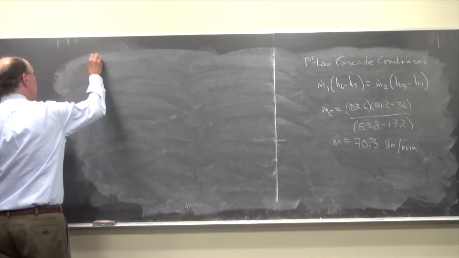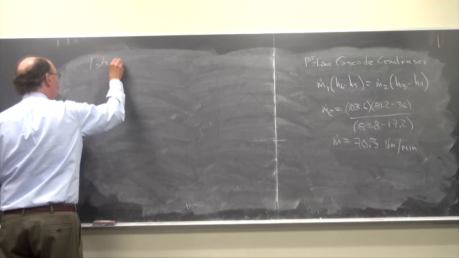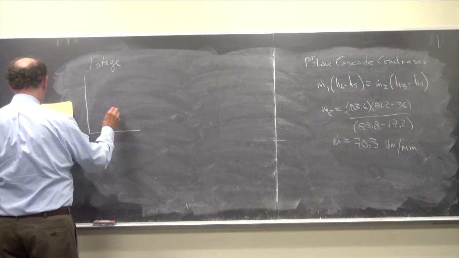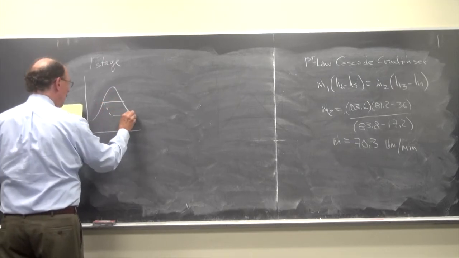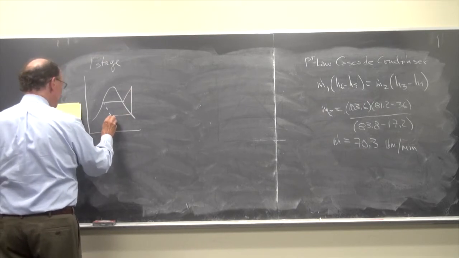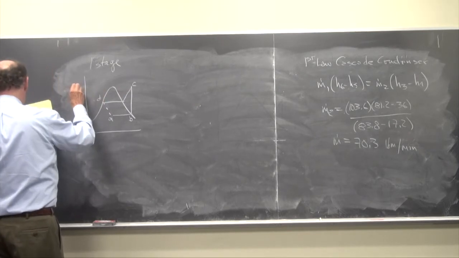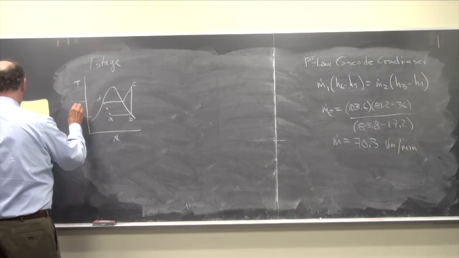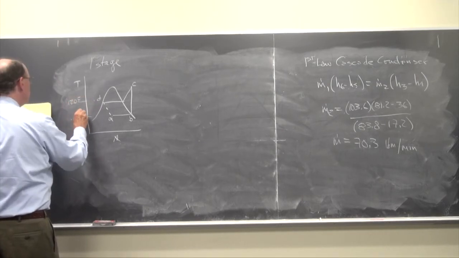So for one stage, I'll have our normal ideal vapor compression system. And I did it as ABCD, so we wouldn't be dealing with ones and twos. So this would be 120 degrees Fahrenheit, minus 20 degrees Fahrenheit.